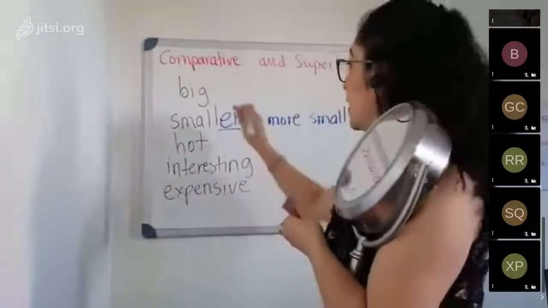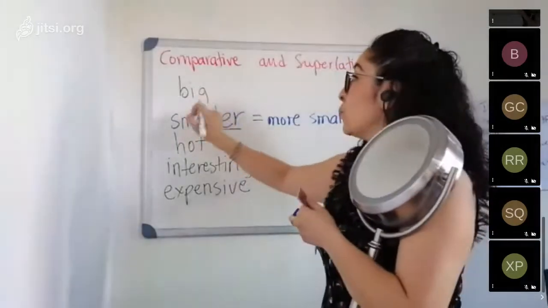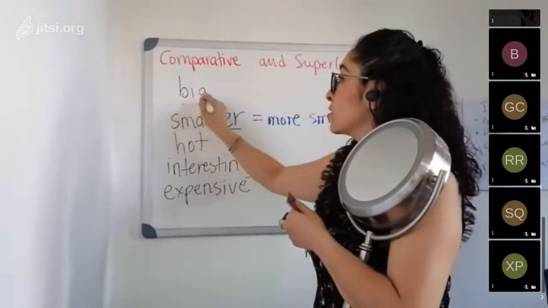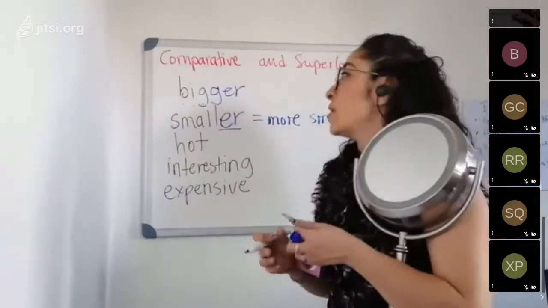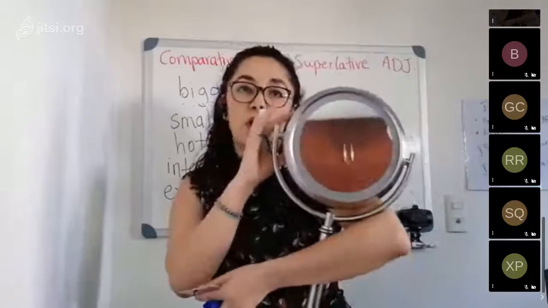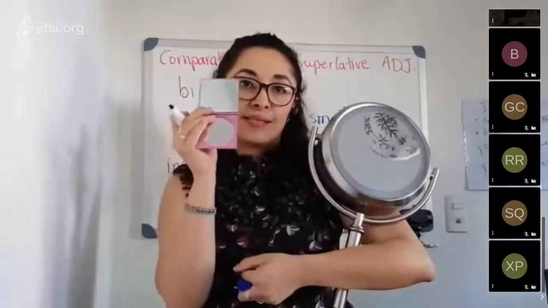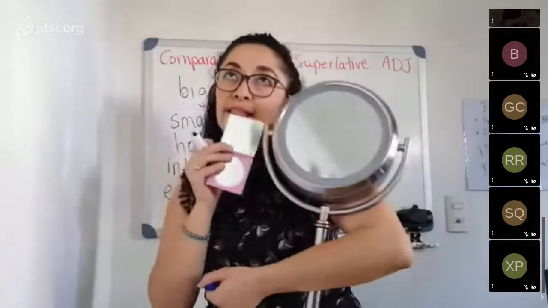How are we going to form the comparative form of big? We have a consonant, vowel, consonant, so we have to double the consonant. So we can say this mirror is bigger than this mirror, right? That is the structure we need to form.